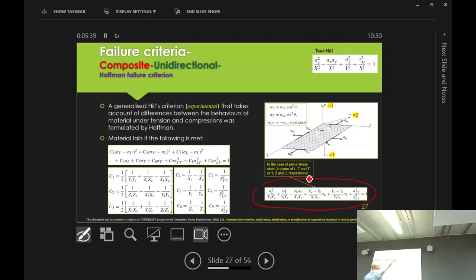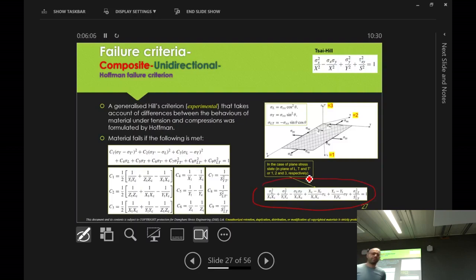And on top, I put Tsai-Wu. So what I would like you to do is compare them together and spot the differences, please. So, what's happened to you guys?